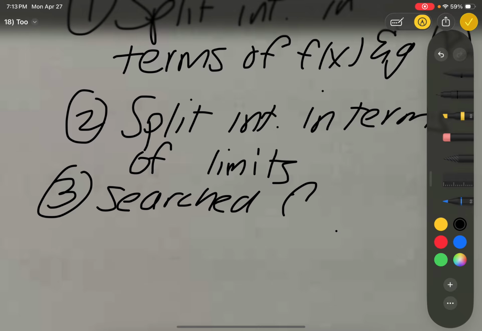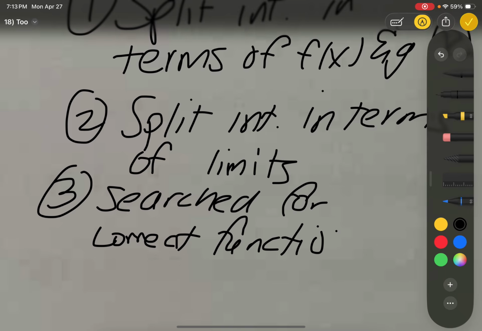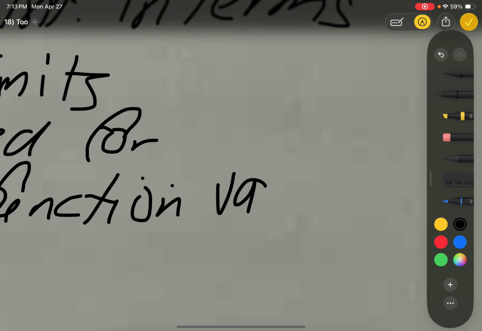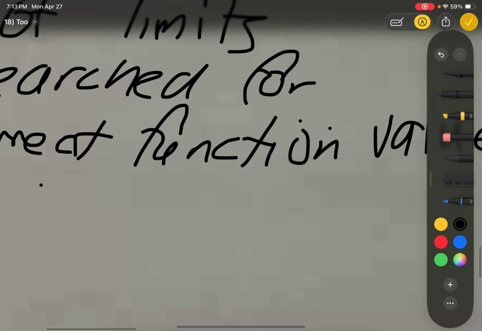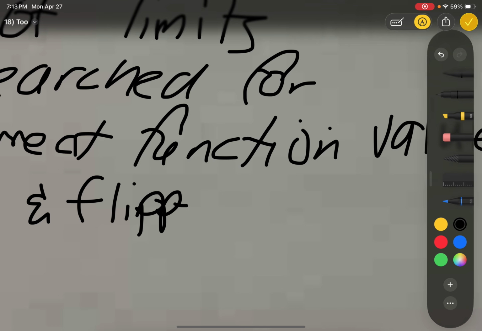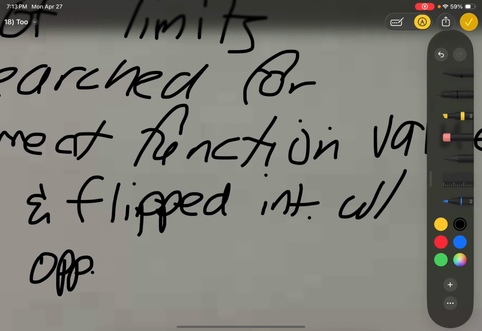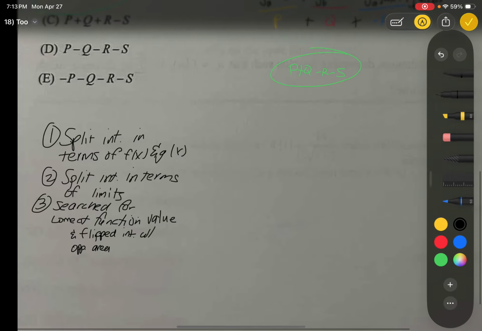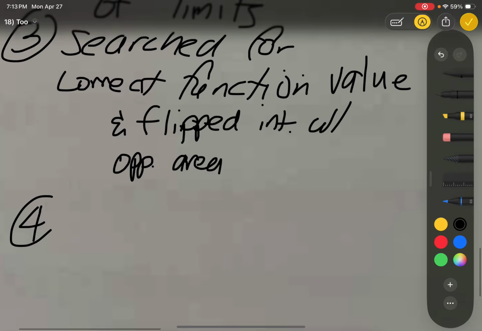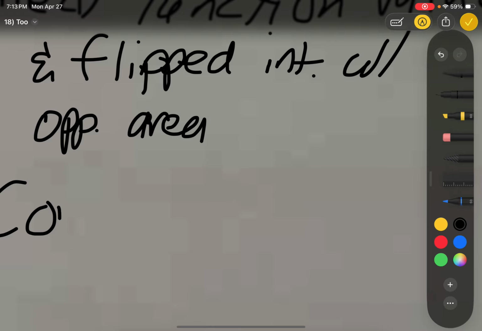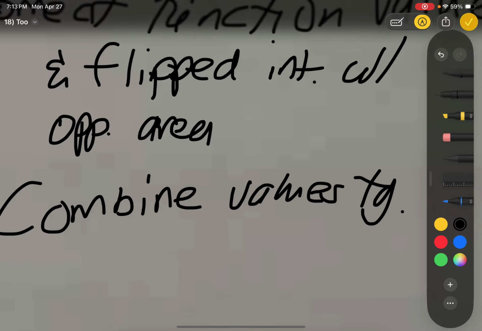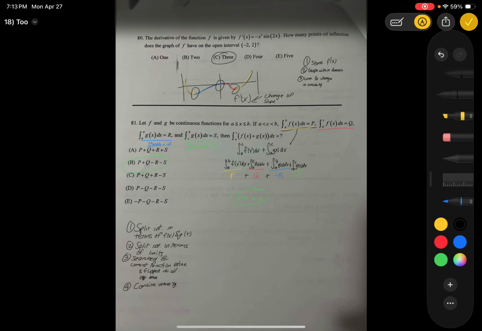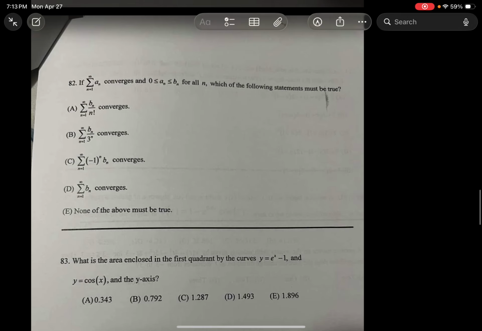Search for correct function value and flipped integrals with opposite area. And then 4, combine all values together. All right, that's it. Let's move on to this.